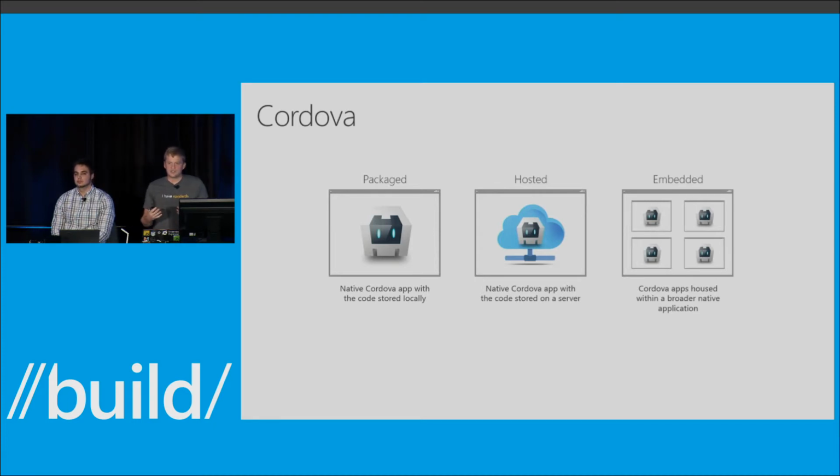And what that allows you to do is if you have an application already and you want to introduce some new functionality with Cordova, or if you have an application that's native and just part of it utilizes Cordova, you can now embed Cordova into your application, which means your application functions as it does, and Cordova is a portion of that application that has access to the same Cordova APIs that it does in any other scenario.